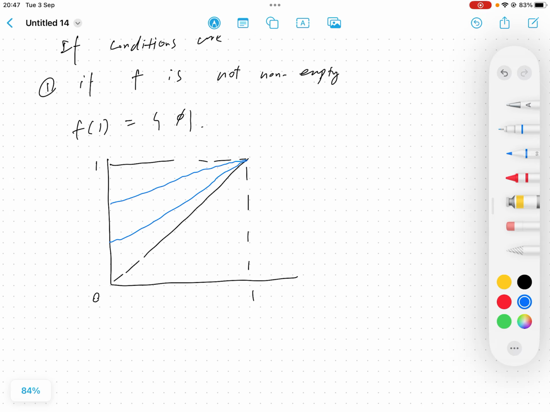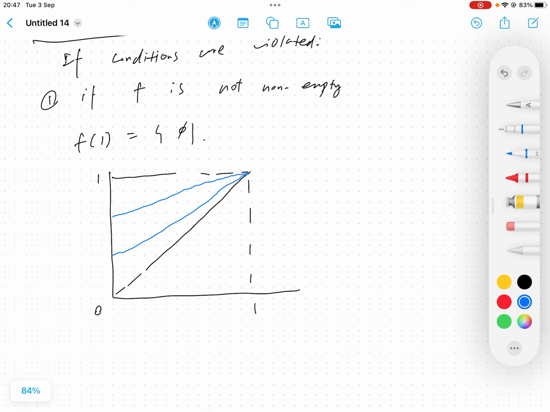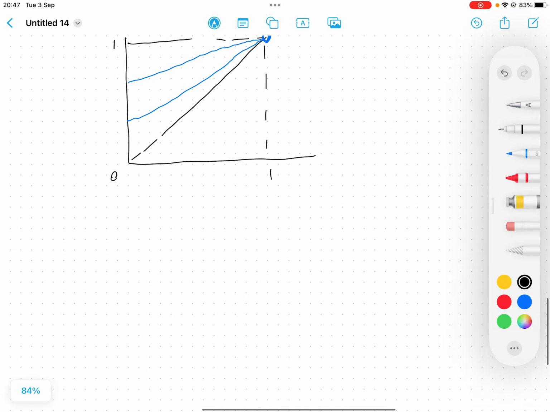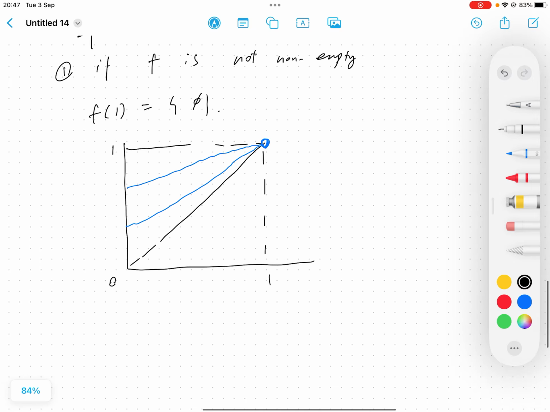If f1 is an empty set, so it returns an empty set, then we have an empty circle here. In this case, the blue lines do not attach the 45-degree line at least once. There's no intersection of those two lines. So that's the first situation where we violate the conditions.